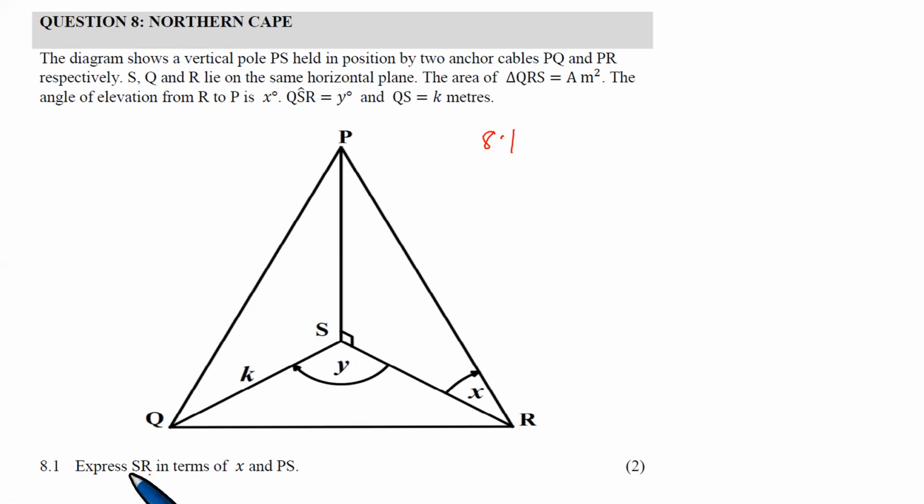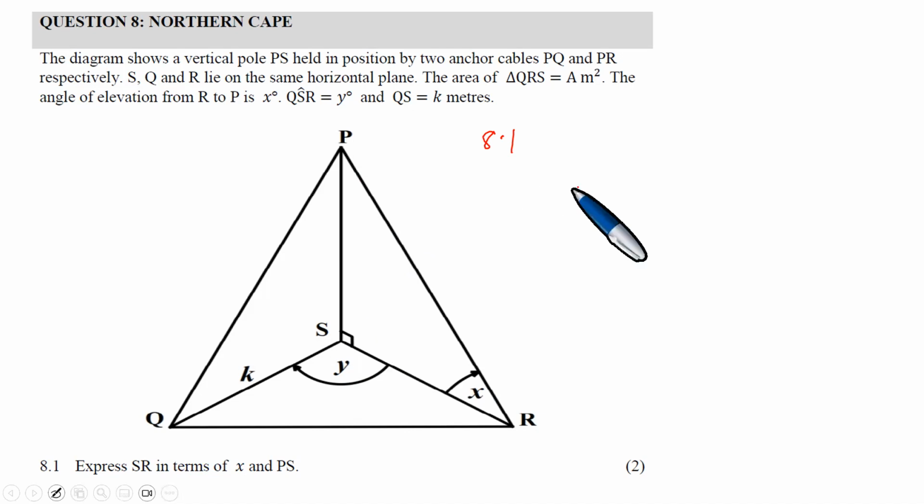Right, so we want to express SR. Where is SR? Here is S and here is R, in terms of the angle X, but also in terms of PS. Okay, so we can do that with ease. We need SR, which is the adjacent side, adjacent to theta, but we also need PS, which is the opposite.